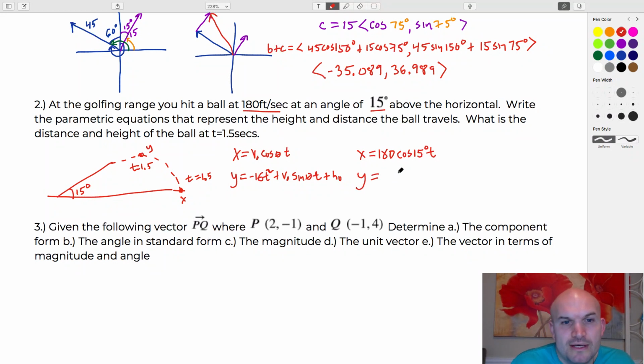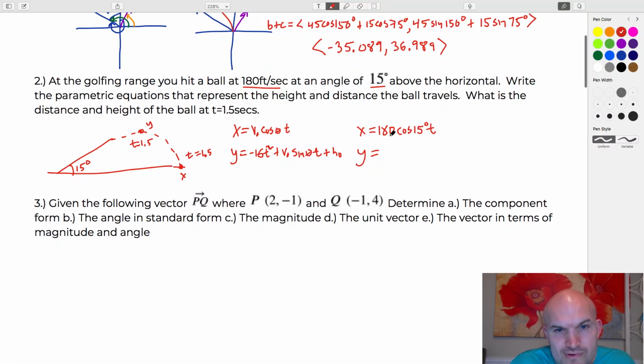Then the y-coordinate is going to be, do I get more room? I don't have more room, dang. So it's going to be negative 16 t squared plus 180 times the sine of 15 degrees t, plus h of 0 there. So there are your two parametric equations.